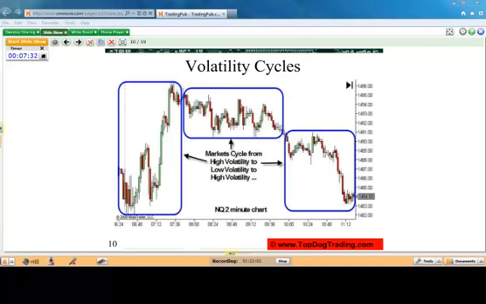Also, there's a volatility cycle that occurs just naturally during the day. Generally in the morning we have high volatility. In the afternoon we have high volatility. And then midday is lower volatility. Now, we see some changes in this because everyone is so used to this.